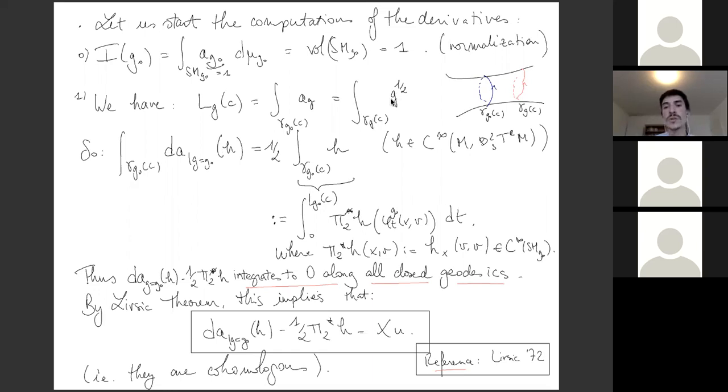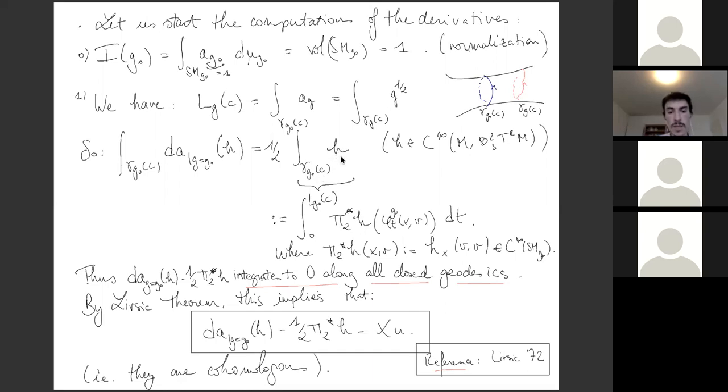So there are two terms in the derivative. But using the fact that geodesics are minimizers of the length among free homotopy classes, you can easily check that the dependence on the metric here actually does not matter. It does not appear in the computation. So you only get the derivative involving the tensor here. So that's what you get in the end: 1/2 of the integral along the G0 geodesic of the tensor H.